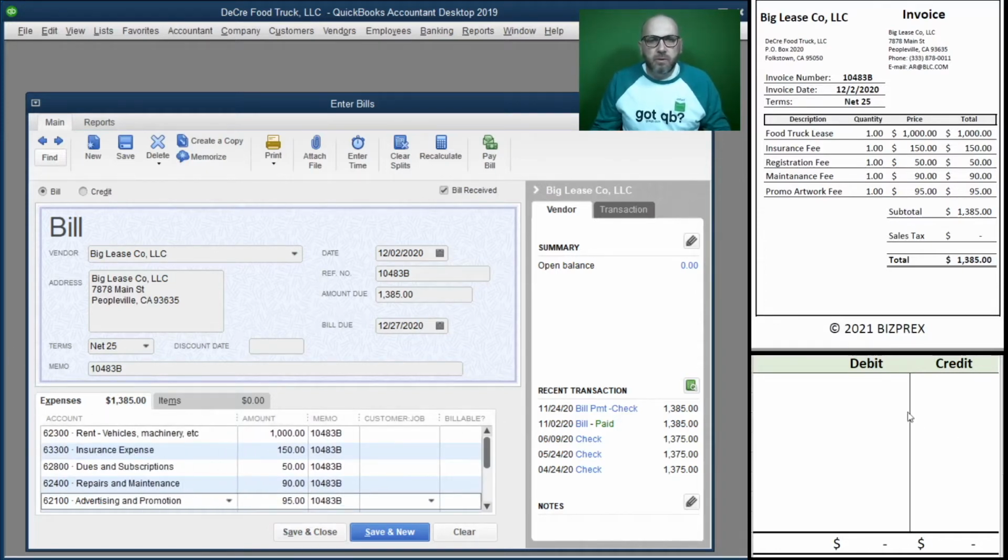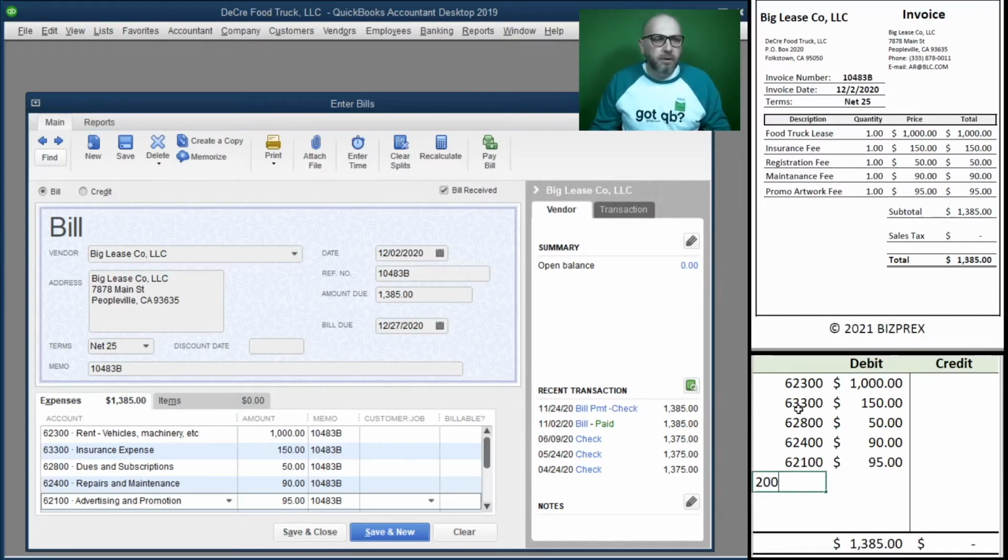So again, what's happening in terms of debits and credits, right? We know that these expense accounts are going up, and they go up when they're debited. So here we are. Right, and now we need the offsetting entry, right?